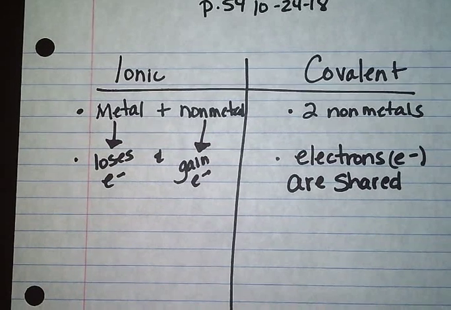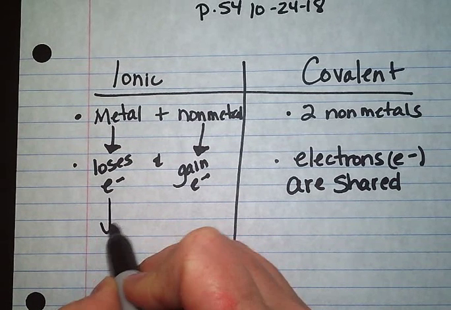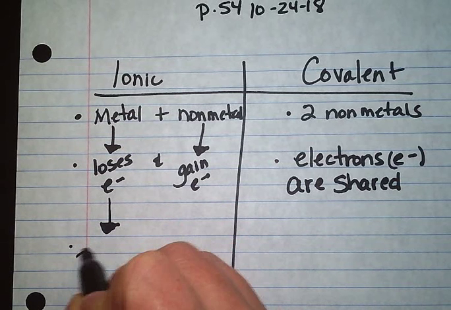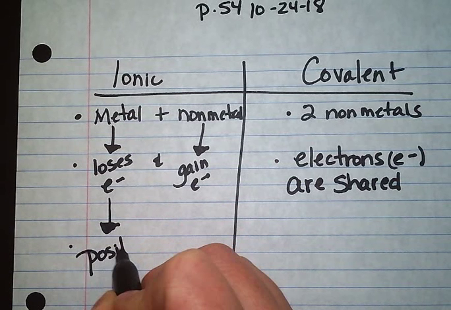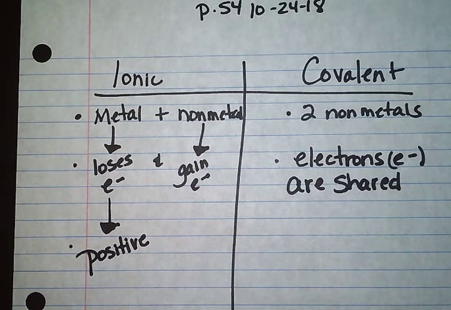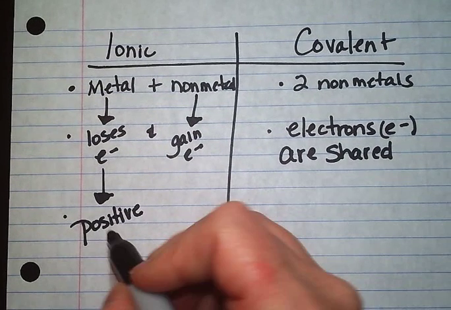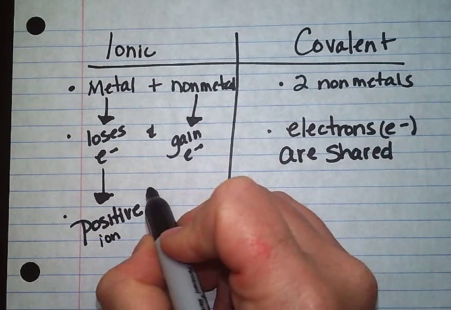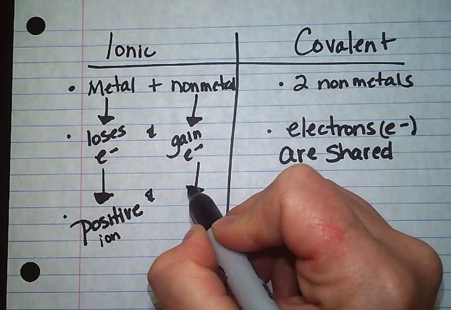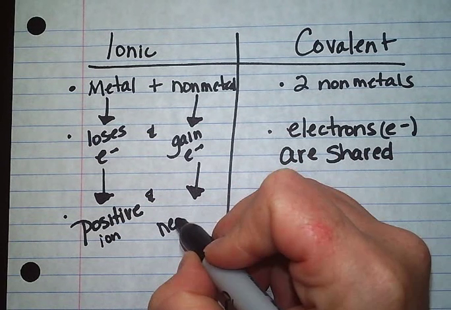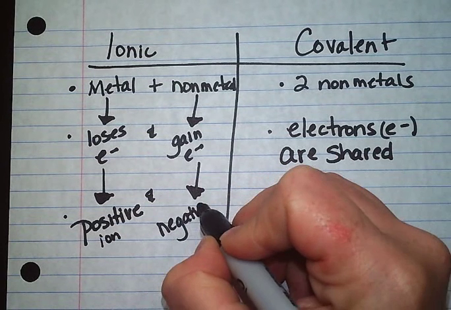So let's talk about those charges for just a minute. If my metal loses an electron, it's going to become positive. It's going to have a charge on that metal. It's going to become a positive ion. And the opposite is true over here. If it's gaining an electron, my non-metal is going to become the negative ion.